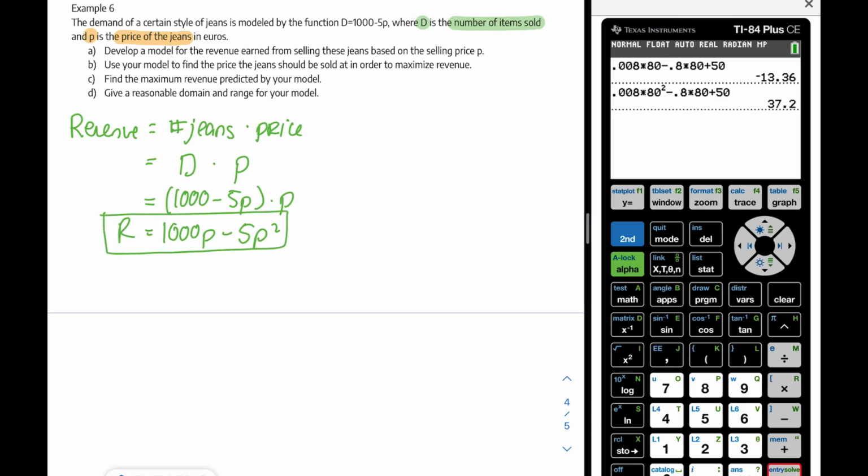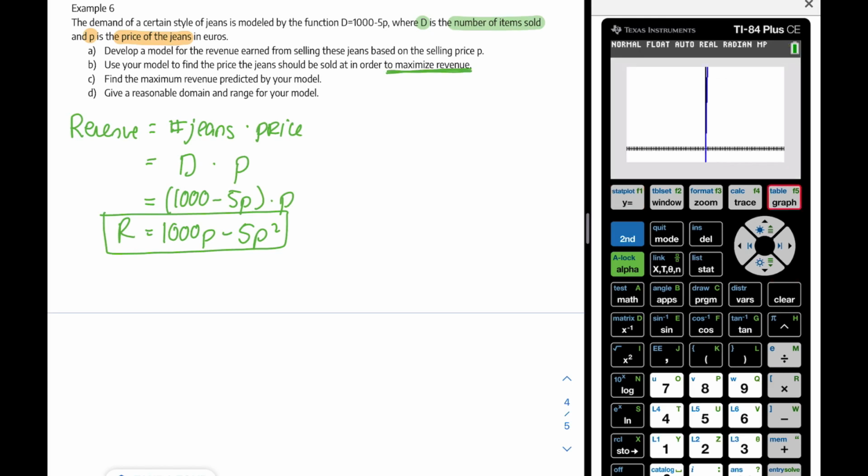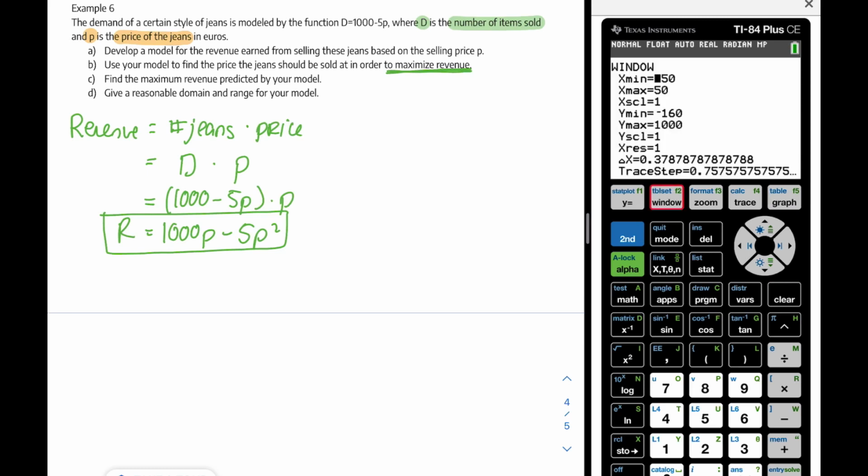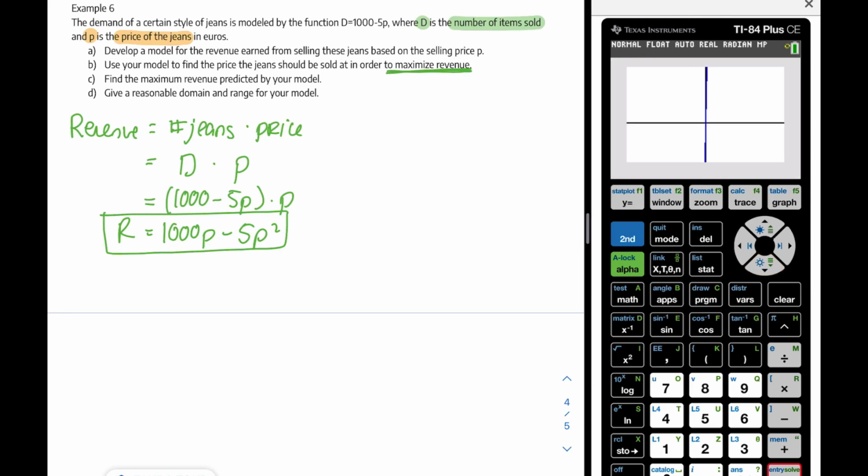B, use your model to find the price the jeans should be sold at in order to maximize revenue. Maximizing revenue. Okay, now that we have an equation, let's put this into our calculators. So we're going to change around our window a little bit so we can zoom out to see if we can find anything.